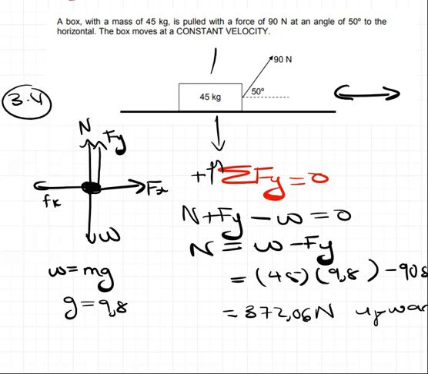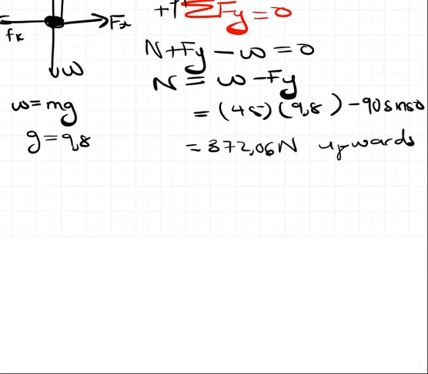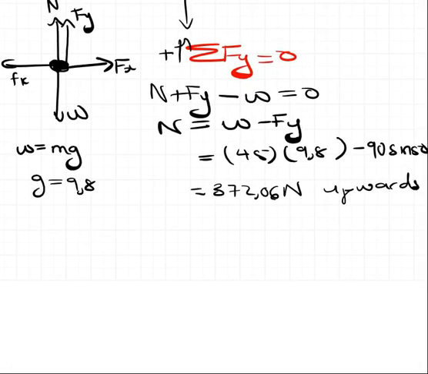So now for the coefficient of kinetic friction, let me pull this a bit. Remember that the frictional force Fk is equal to the coefficient of kinetic friction multiplied by the normal force, right?